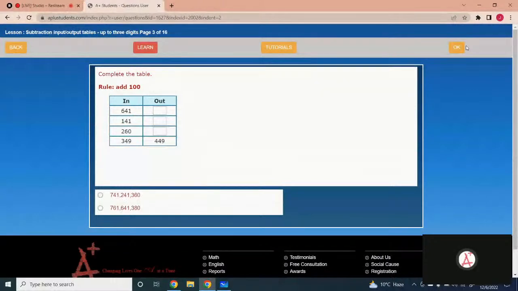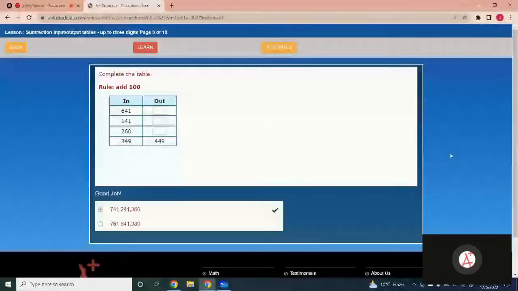So the correct option is the first one. Got it? 741, 241, and 360.